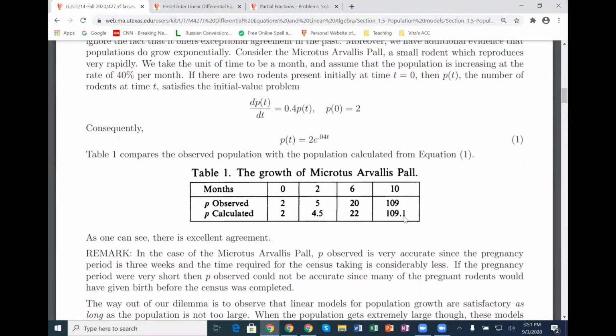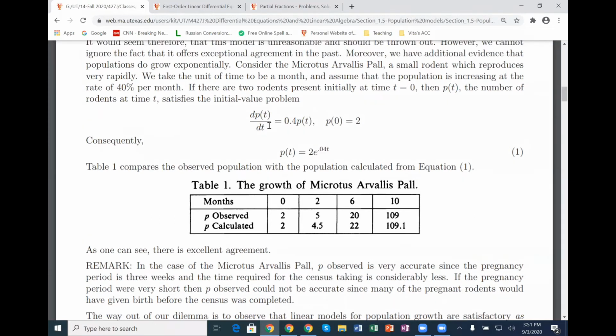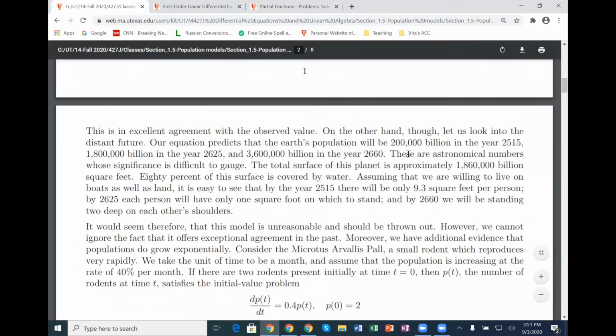You can see that these numbers are actually pretty close. So for small values of t, our model gives us pretty good estimates. However, if t is big, the numbers that our model gives us are unrealistic.